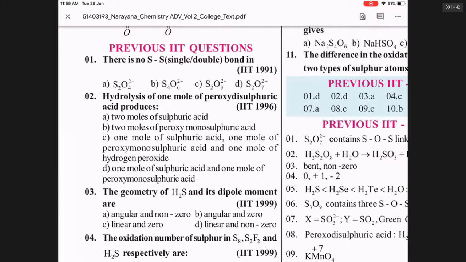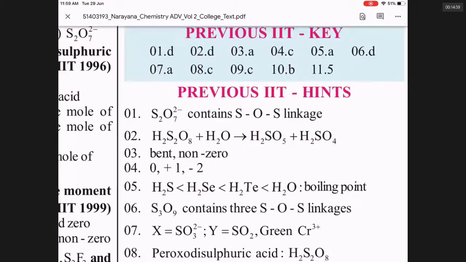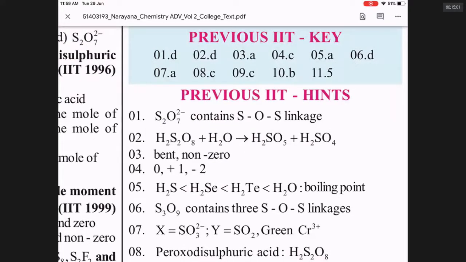Hydrolysis of 1 mole of peroxydisulfuric acid produces 1 mole of sulfuric acid and 1 mole of peroxomonosulfuric acid, called Caro's acid.